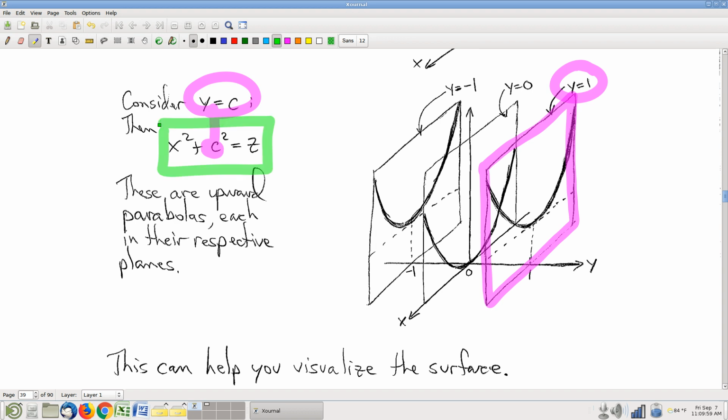Z is equal to x squared plus some constant squared. The lead being z equals x squared, right? Plus stuff. Okay, well, that's a parabola.